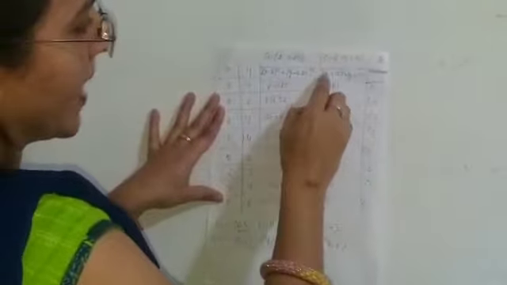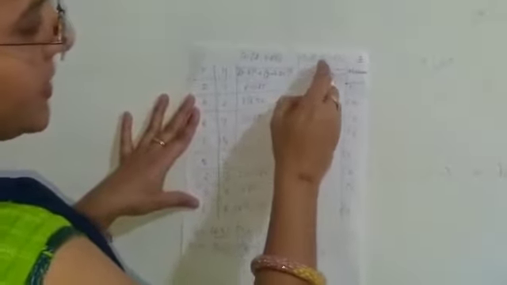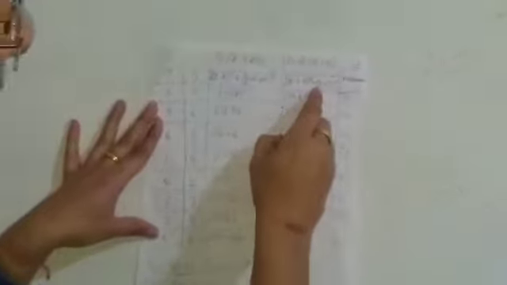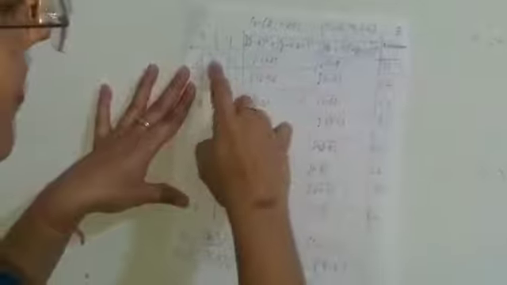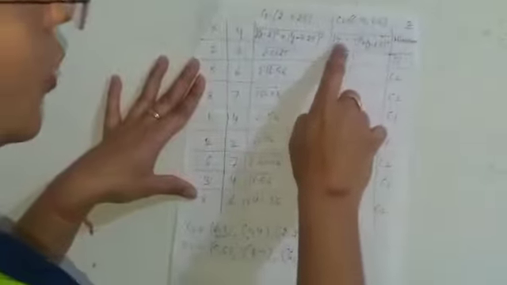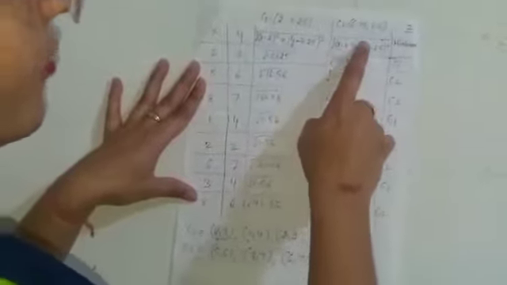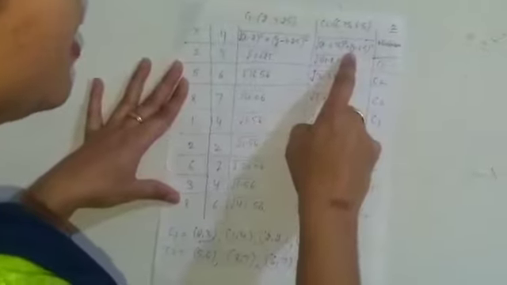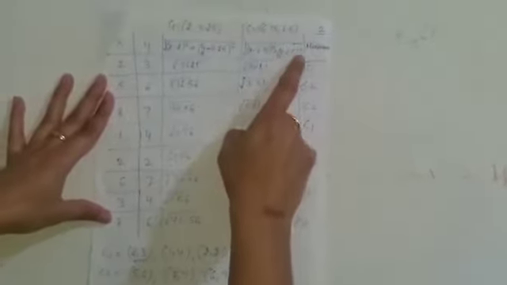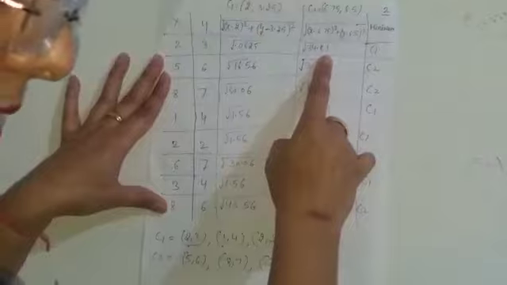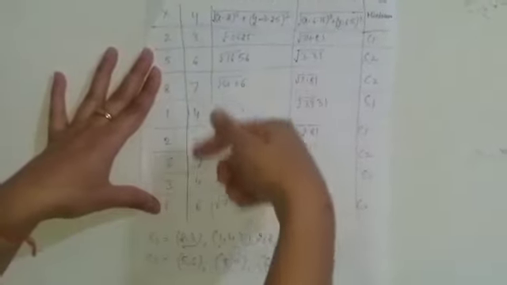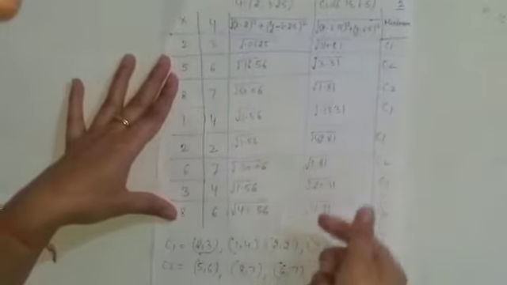And for C2, (x minus 6.75) whole square plus (y minus 6.5) whole square. Put in the values of x and y. Here x equal to 2: (2 minus 6.75) whole square plus (3 minus 6.5) whole square, that is equal to 34.81. Likewise, we can calculate all for C1 as well as C2.